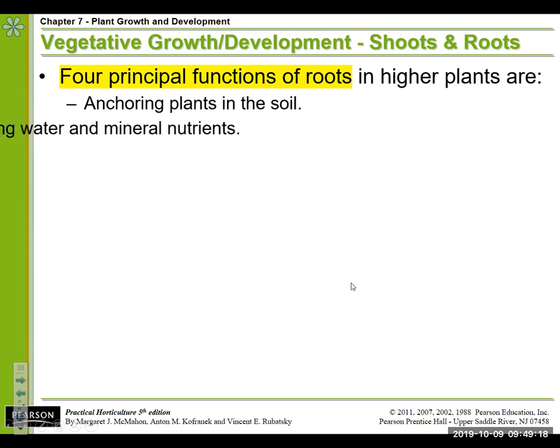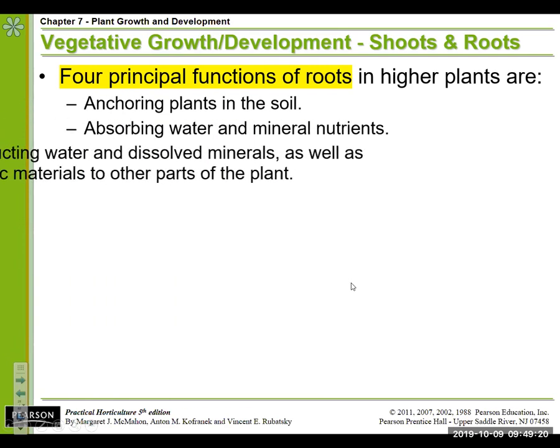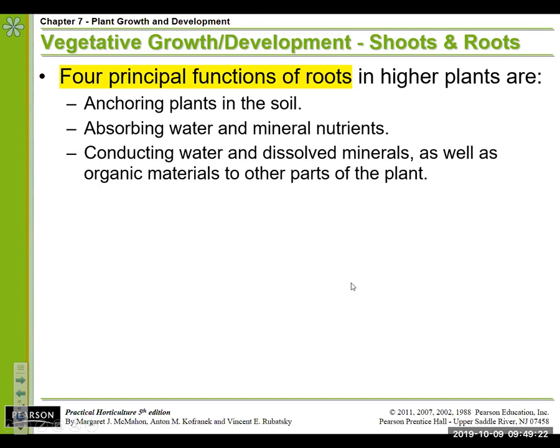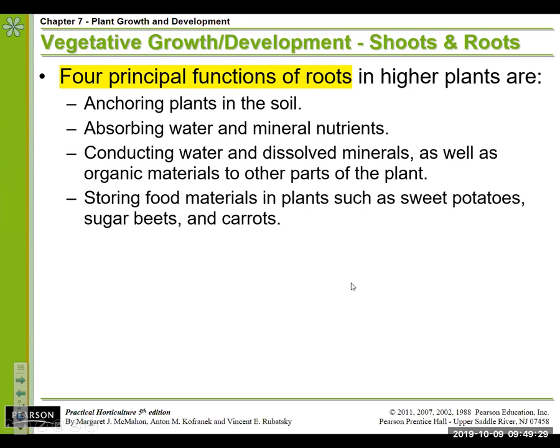They anchor the plants in the soil. They absorb water and mineral nutrients. They conduct that water into the xylem and phloem of the plant, move it around to other parts of the plants. And then roots can also be used as storage parts for particular types of plants that have things like tubers, like sweet potatoes, modified stems, and like sugar beets and carrots.